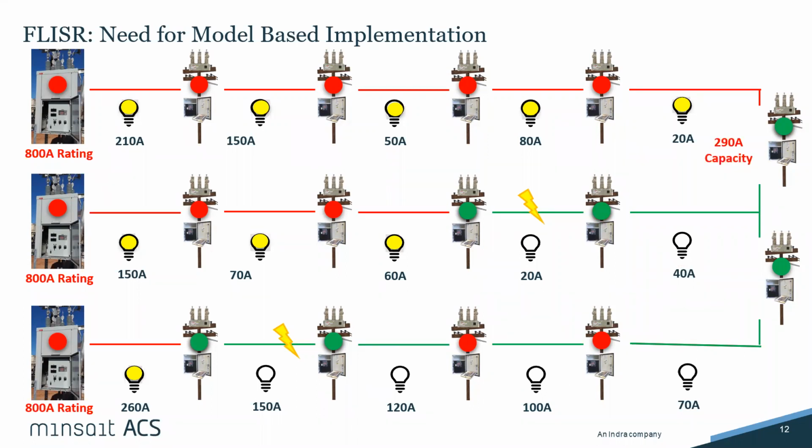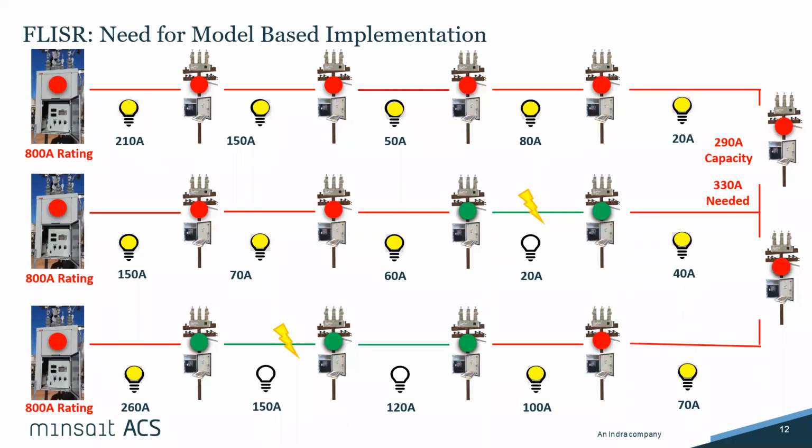So we look, and in this current situation, we have 290 amps capacity on that first feeder. But if you do the math, we need 330 amps. So instead of just saying we can't restore any, what we will do is try to restore as many as we can. By doing that, we are going to open this switching device, and then we're going to start restoring as many of the customers as possible.